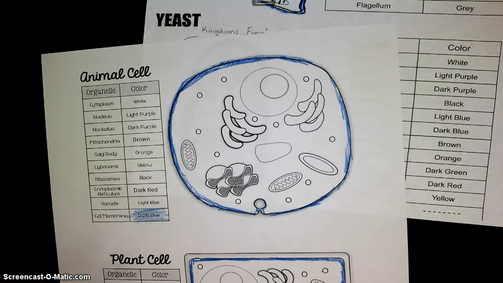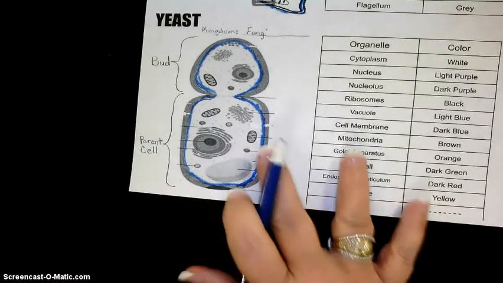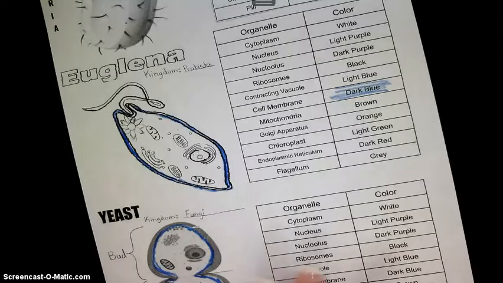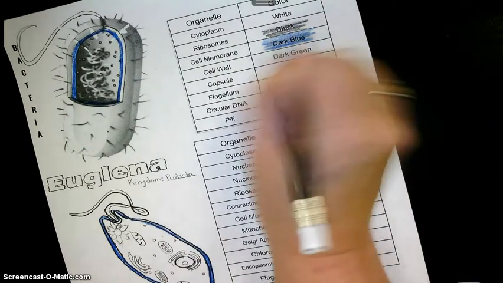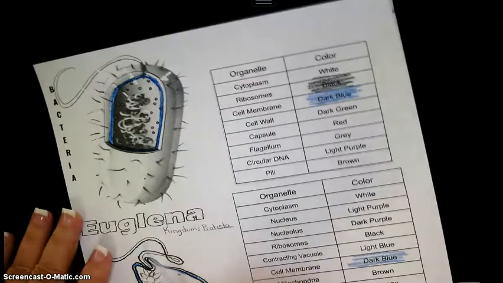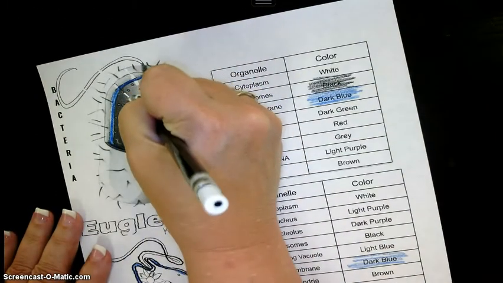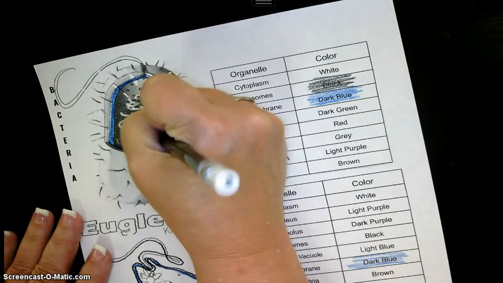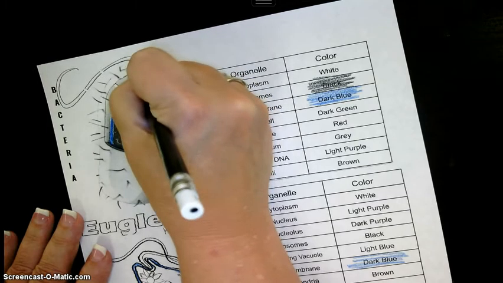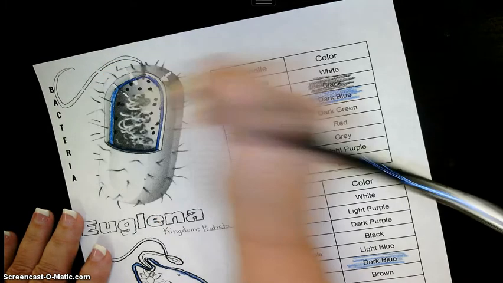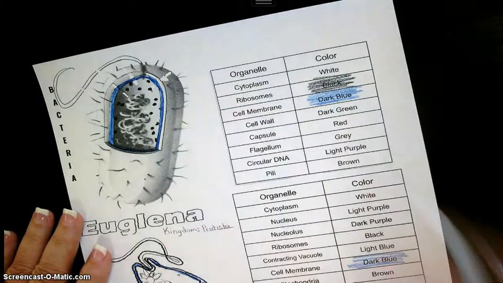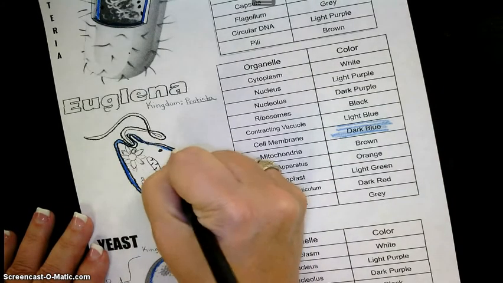The next thing that all cells have is ribosomes. So with a black, you're going to find these little teeny tiny dots inside, floating in the cytoplasm. These make proteins, and every cell needs to be able to make proteins. So you're going to have ribosomes in every kind of cell.